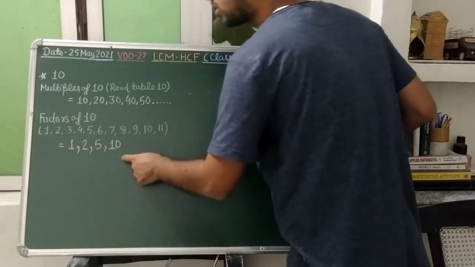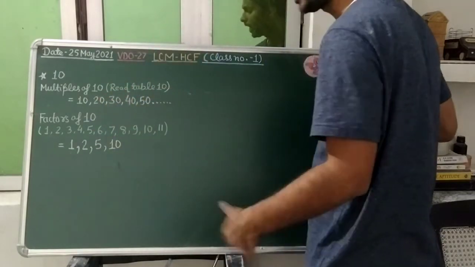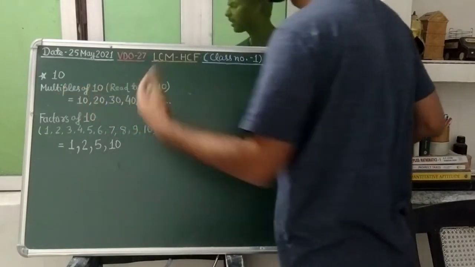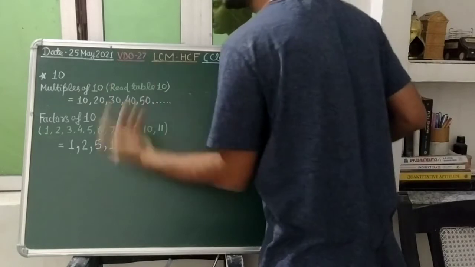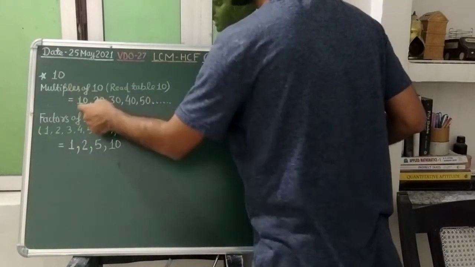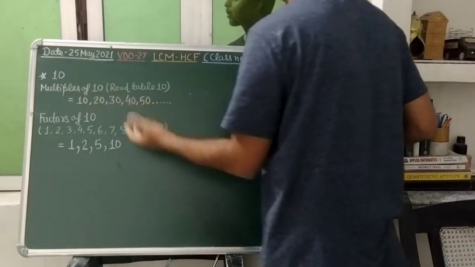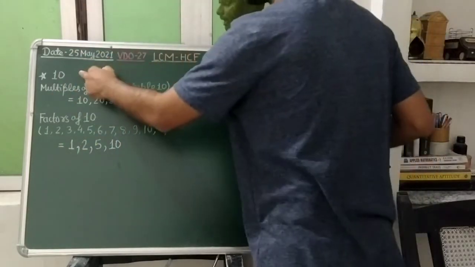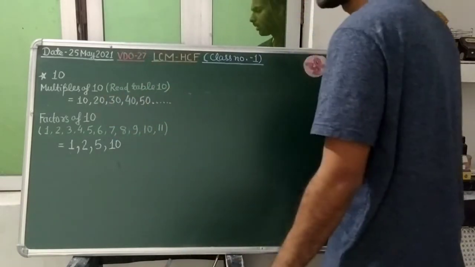So the factors of the 10 are going to divide the 10. Whereas multiples of any number will be the numbers to which the given number will divide. Meaning that multiples of 10 are 10, 20, 30, 40, 50. So multiples of 10 are going to be divided by 10. But the factors of the 10 will divide the given number 10.